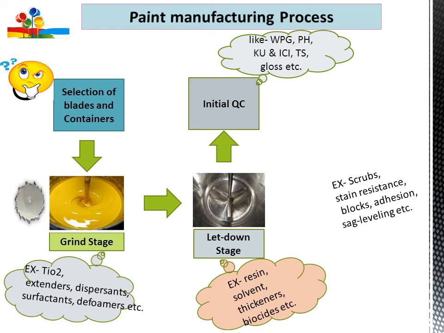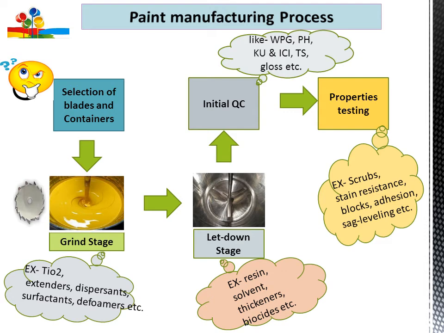Means if we want 70 plus gloss at 60 degree angle, then we check whether it is coming in spec or not. Then once our QC properties are confirmed and we get in spec, then we check properties testing.